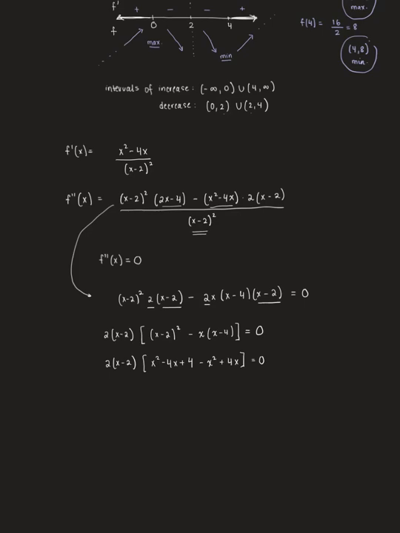Okay, so if I did that correctly, it looks like we have a lot of cancellation. The 4x's cancel, x squared cancel. We have a 4, so this is 8 times x minus 2 equals 0. So the only time this is 0 is when x is 2.